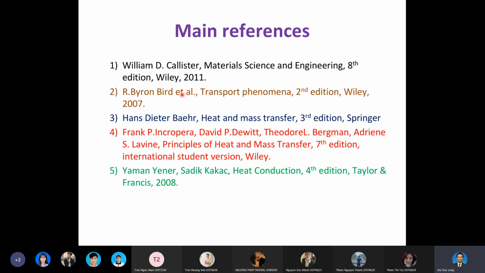But the main book I use for this course is Transport Phenomena, second edition, Wiley 2007, or you can use the 7th or 8th edition. The second edition is quite old, so the latest version is the 8th edition. You can download the latest version.